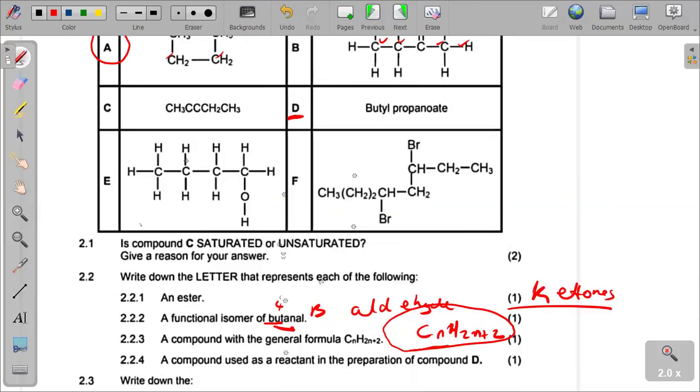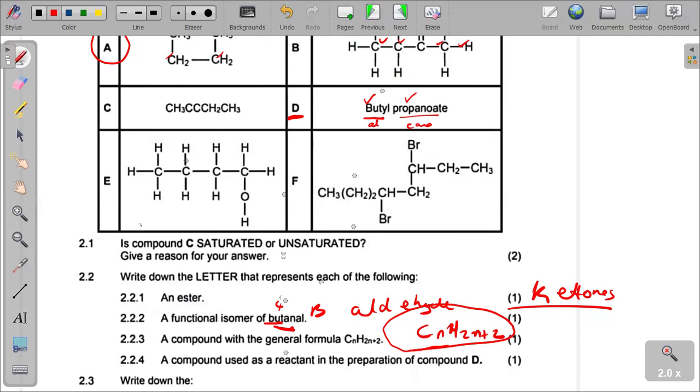So from even the name of the ester, we can identify the alcohol and the carboxylic acid. Butyl, this is the alcohol. And the propanoate, that's where the name of the carboxylic acid is. So the carboxylic acid must have, prop, 3 carbon atoms. But the alcohol must have 4 carbon atoms.